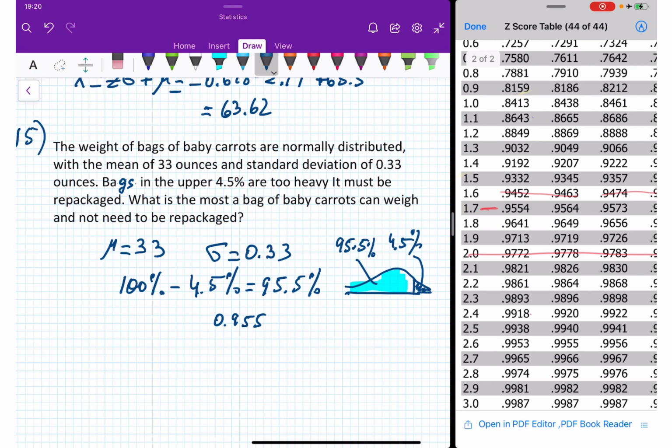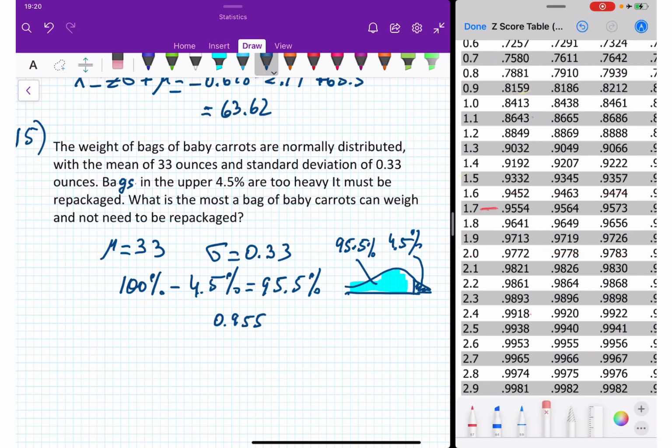Let me clear this. 0.9554. It's going to go 1.7. So z-score is equal 1.7. Let's write down probability for z-score equal question mark is equal 0.955. So from here z-score is equal 1.7.